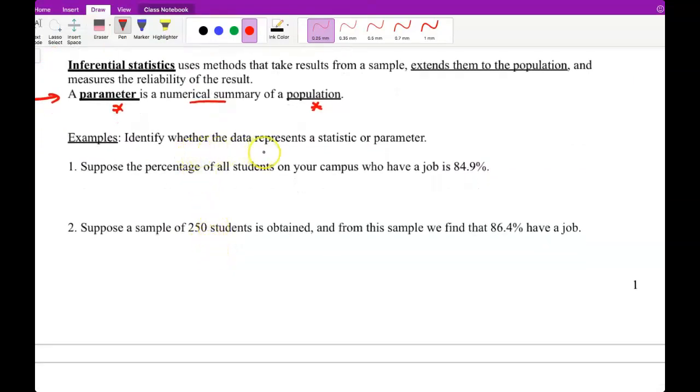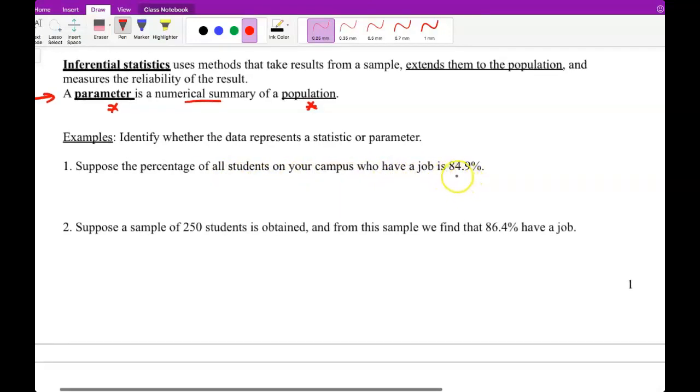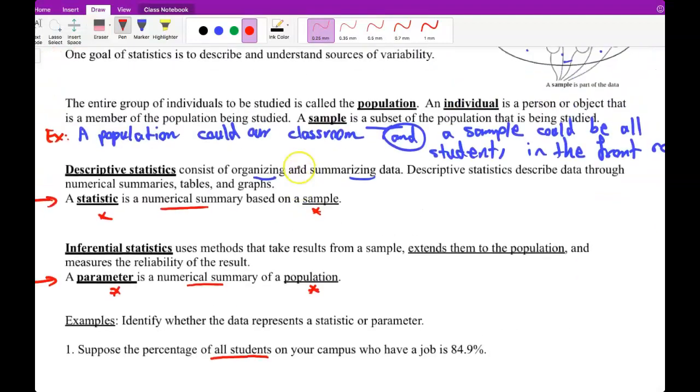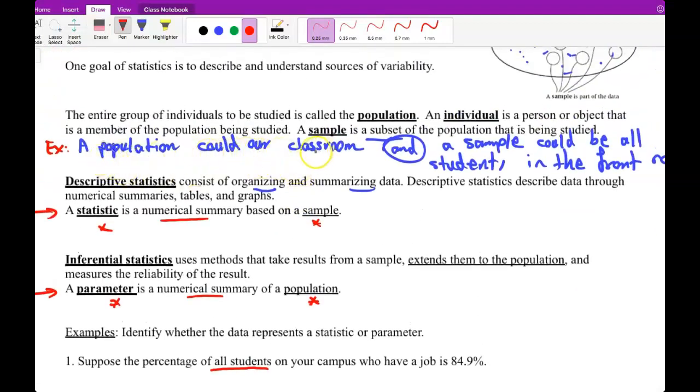Example, identify whether the data represents a statistic or a parameter. Number 1, suppose the percentage of all students on your campus who have a job is 84.9%. What we have here is this part, all students. So what we're using here is all students on your campus, which is exactly the same as all students in our classroom. That one was the population.